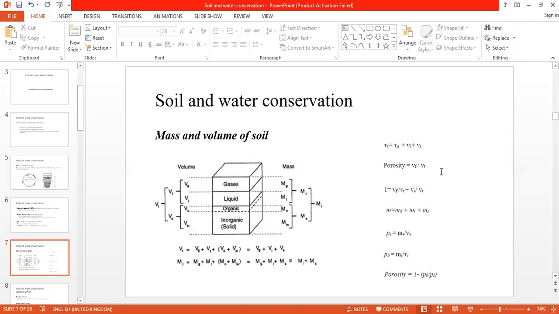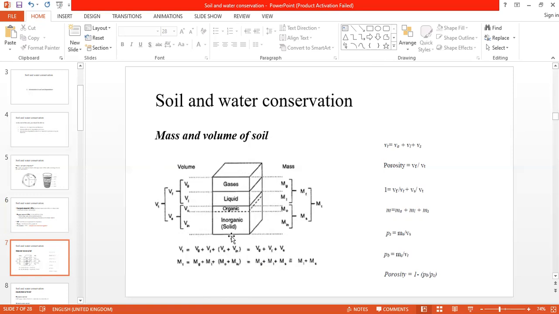So if we look at the soil, we said it's composed of the gas, which is the air, then there's the liquid, which is the water, then the solid is made up of the inorganic, that's the mineral matter, as well as the organic matter. So if you look at this diagram, it has differentiated those four components.